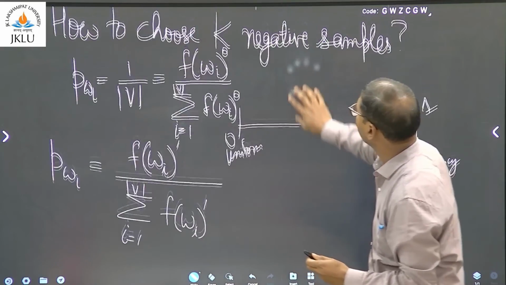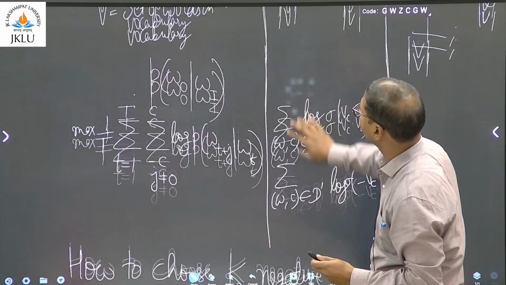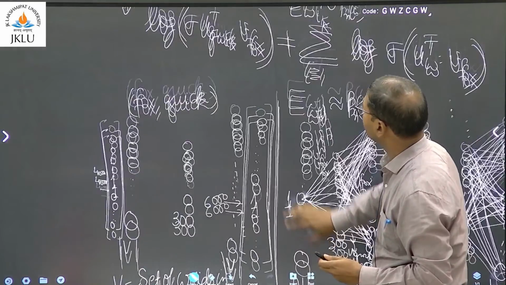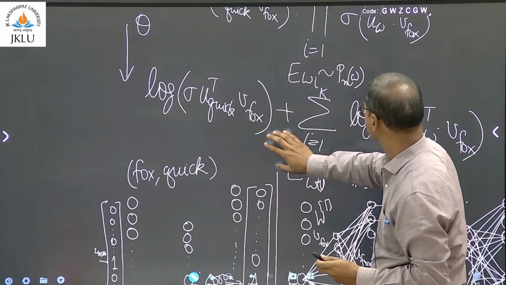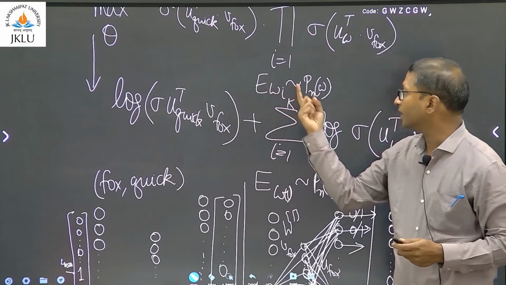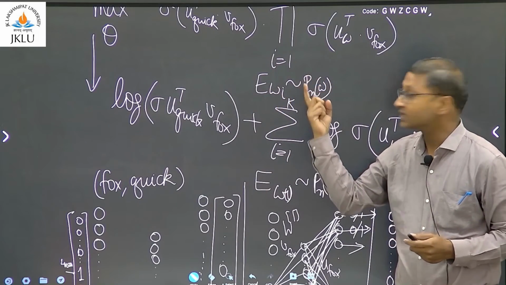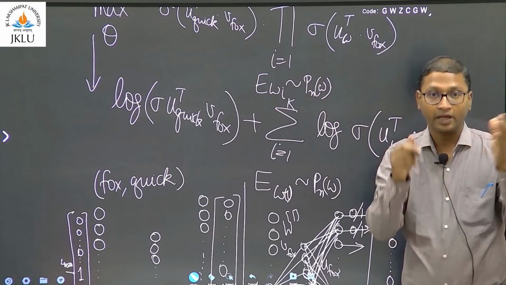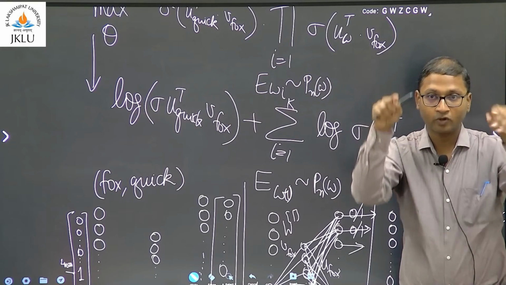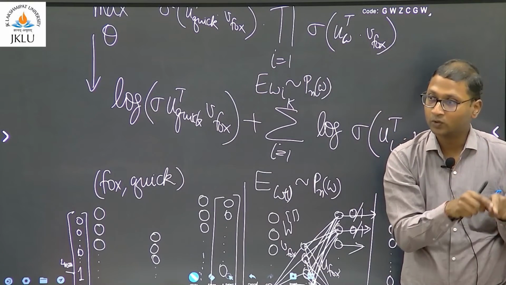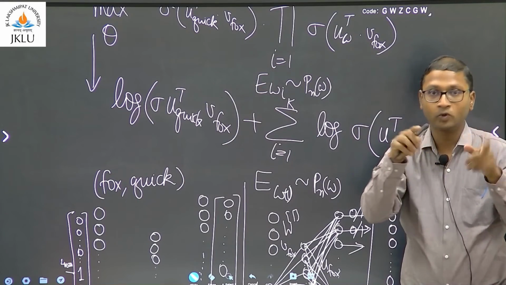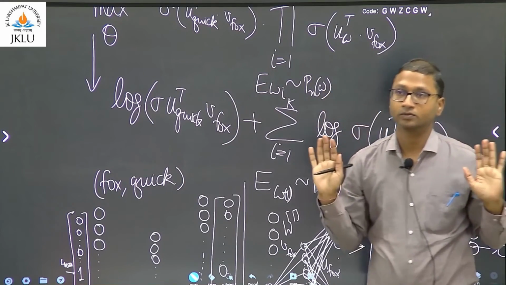So finally we decode everything. This P of wi coming from this distribution is actually f of wi to the power 3 by 4 divided by summation i equal to 1 to mod v of f of wi to the power 3 by 4.